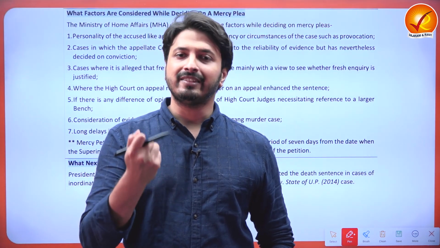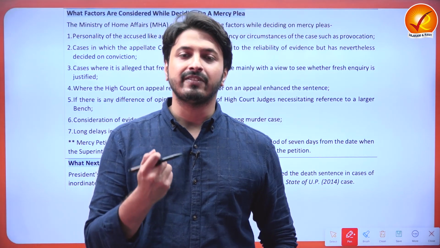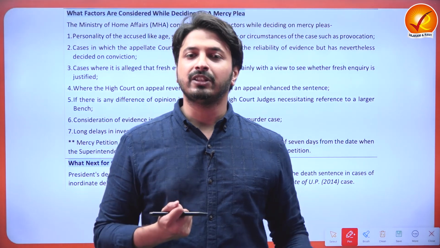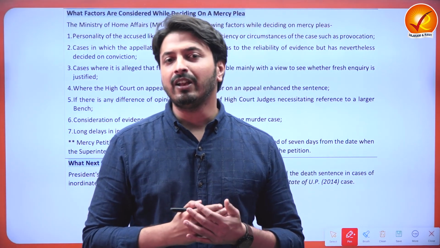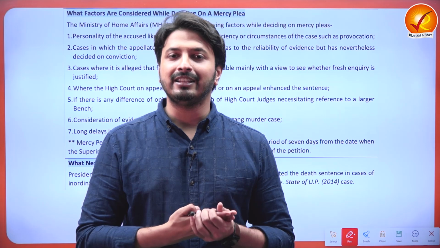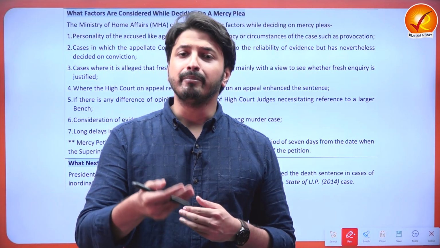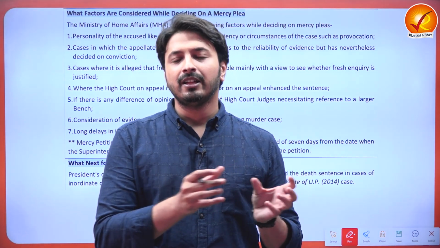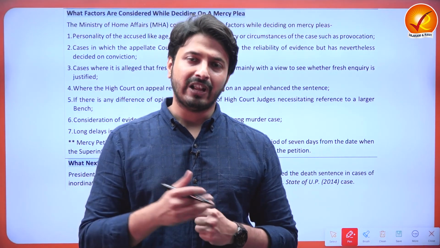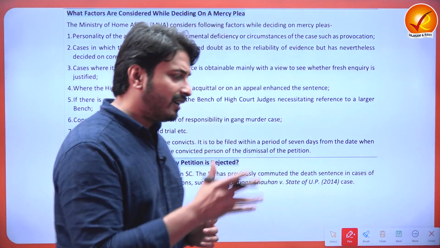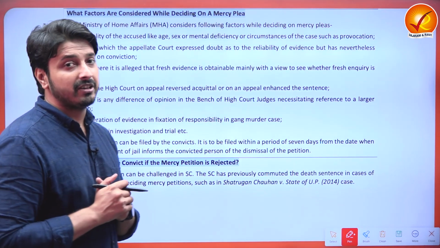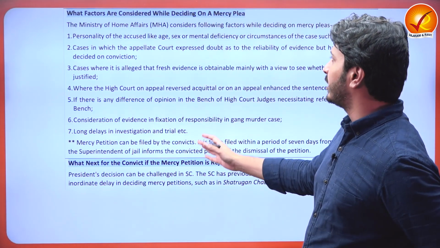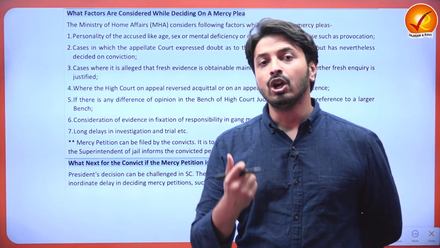That is, utilizing the power of the President given under Article 72, that is the clemency powers, they approach the President with a hope that the President will, if not pardon them, at least commute the capital punishment, so that from the death punishment, the President can commute it to lifetime imprisonment. Now, what do the President and the concerned ministry consider with respect to whether they have to go for the mercy plea or not.